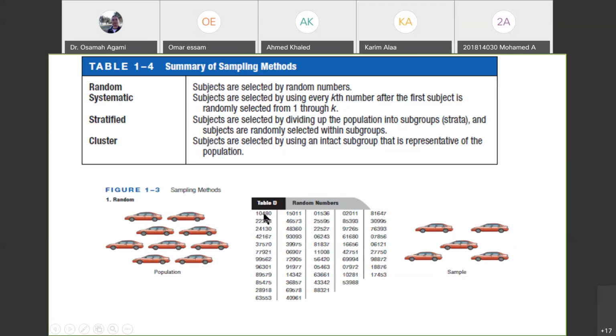If you have hundreds, you take 3 columns. If you have 10,000, you take 4 columns, and you choose numbers. If these numbers are in the list of your cards, you can take them out until you finish the number you are looking for as a sample size.